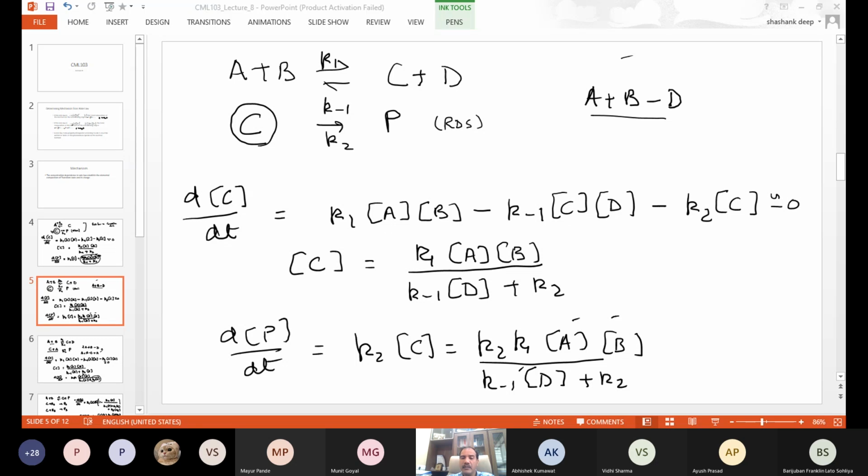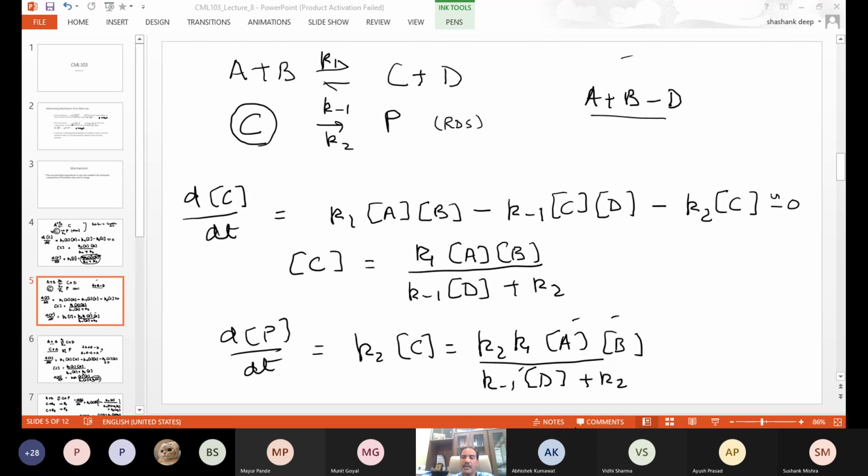So how do we determine the predominant species? Assuming that it is the rate determining step, which one will be the rate determining step? The one which is the slowest step. Am I right? So in any reaction, there will be one rate determining step.